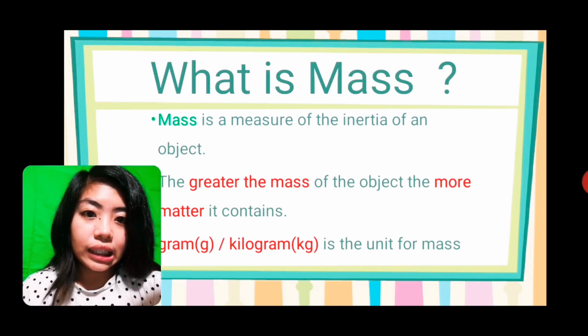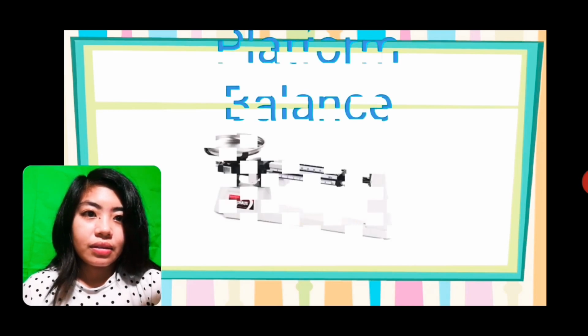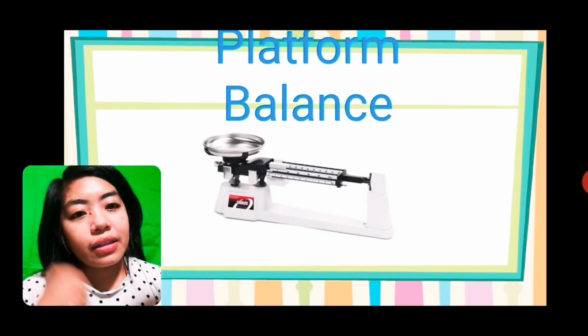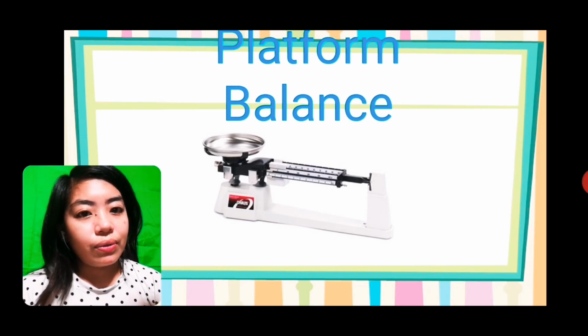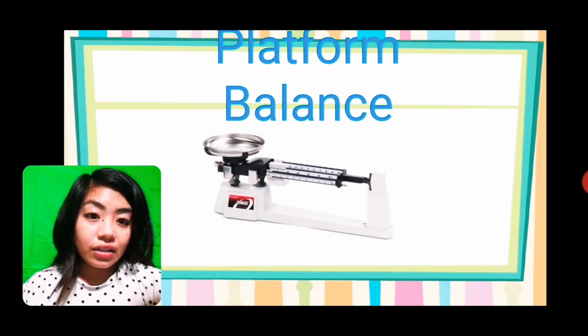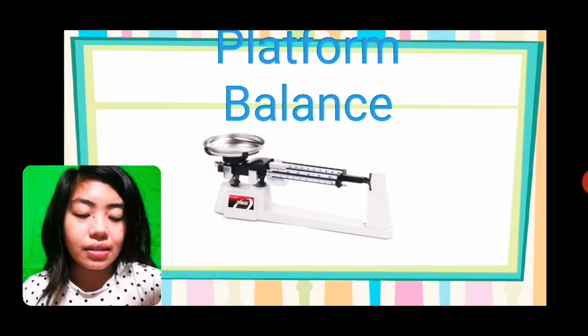So, yun yung unit na ginagamit natin for mass. So, these are the instruments that are used in order to have the mass of an object. So, we have here, isa lang to sa mga ginagamit. So, example is the platform balance.